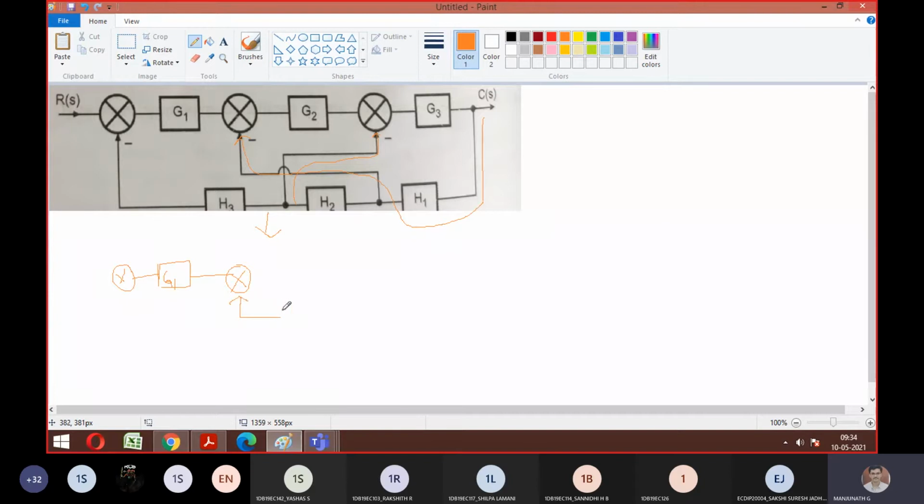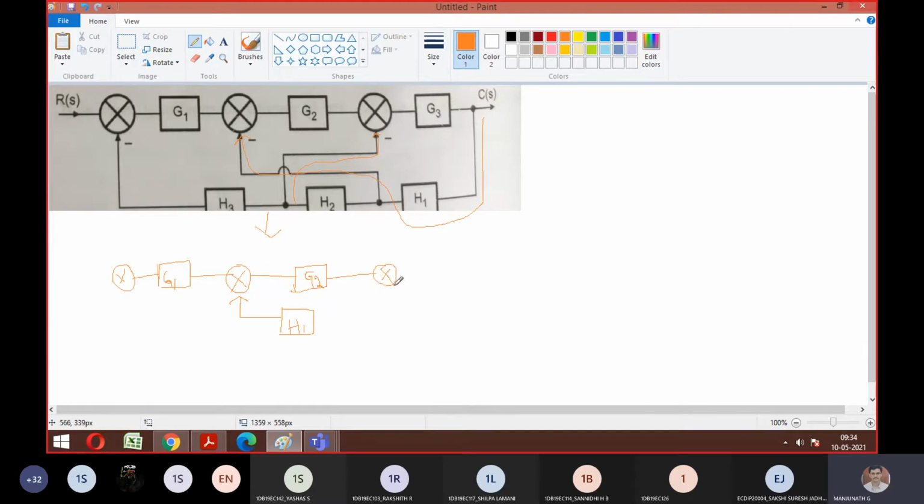Only H1, yes. So only H1, this is how it looks. This G2 I'm not touching, I'm keeping the G2 part as it is. Whenever you face such a problem, you should have an awareness of what we are solving. Then your next summing point is as it is.